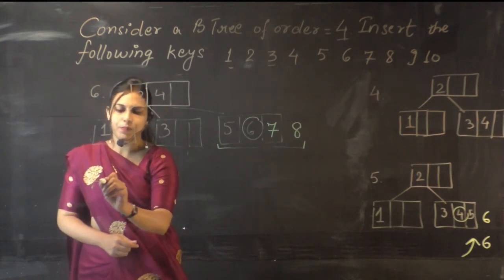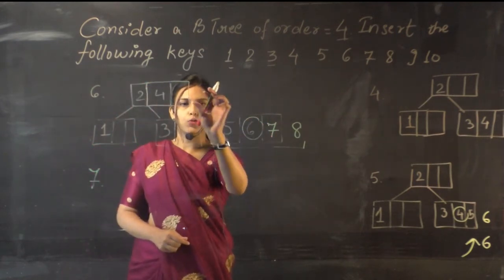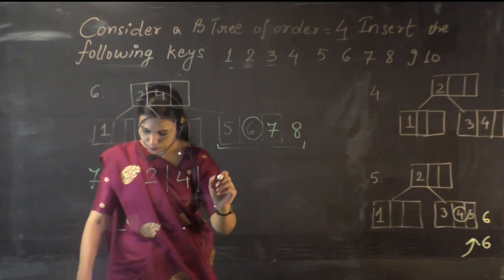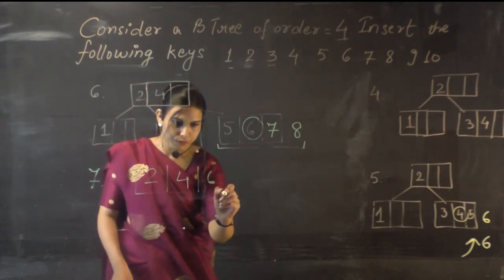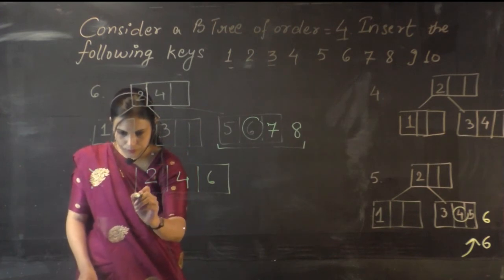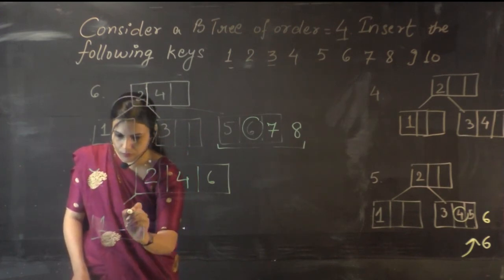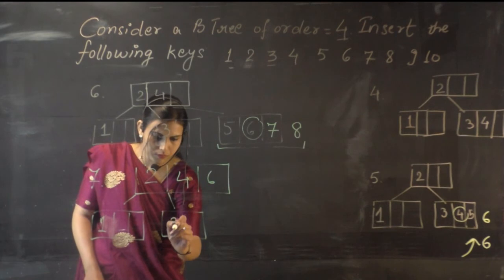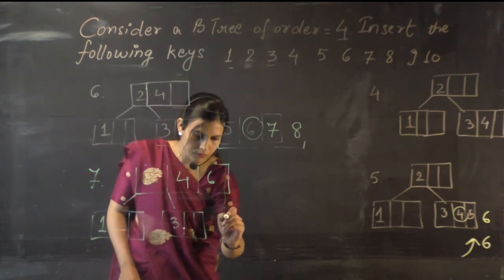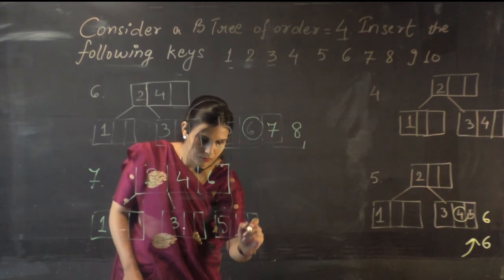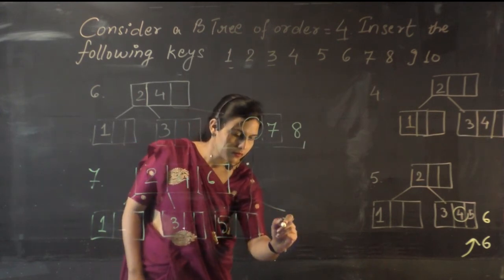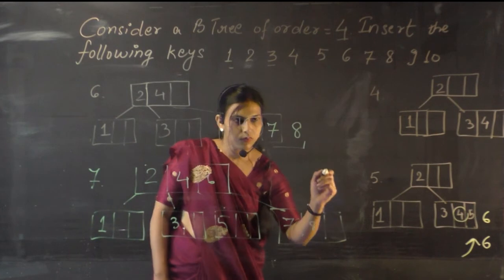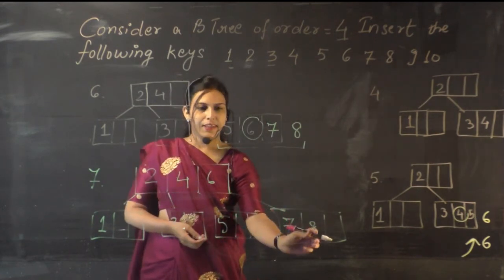So in my next step, we will move the 6th element towards the root position, and the tree will look like this. So here 8 has been inserted.